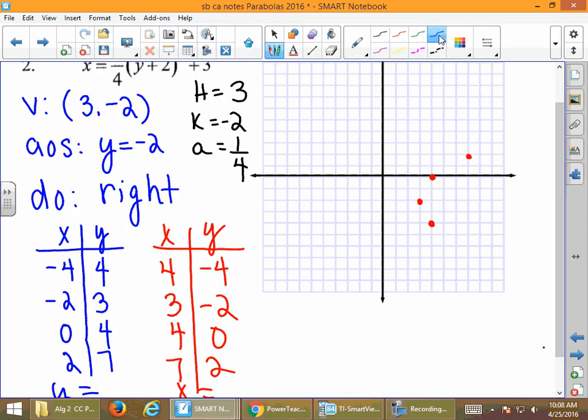Our axis of symmetry is going to go through the vertex, which is here, 3, -2. So notice that 4, 0 is 2 spaces away from the axis of symmetry. On the other side of that axis of symmetry is a point that's 2 spaces away.